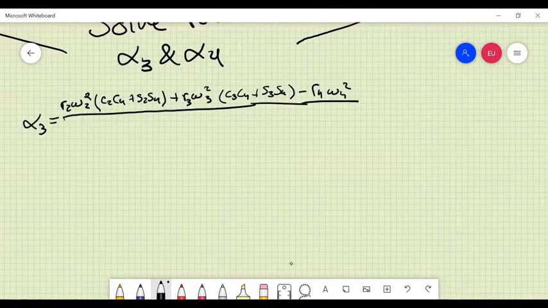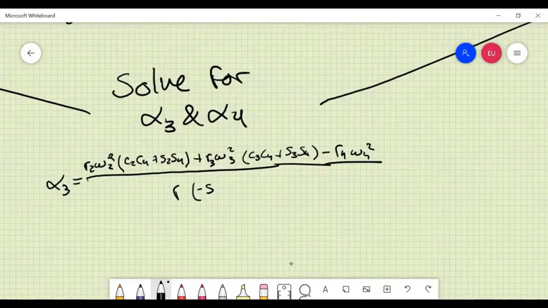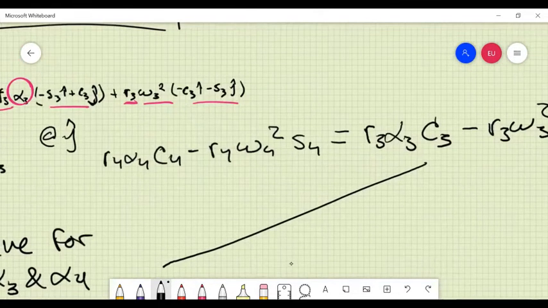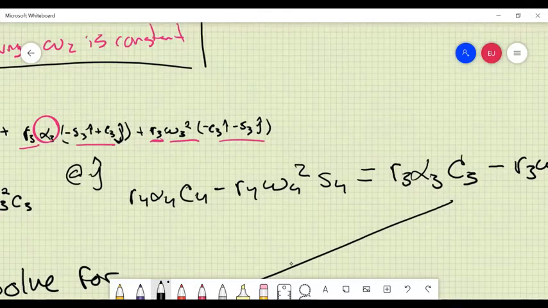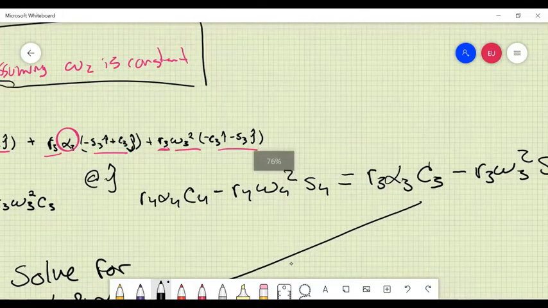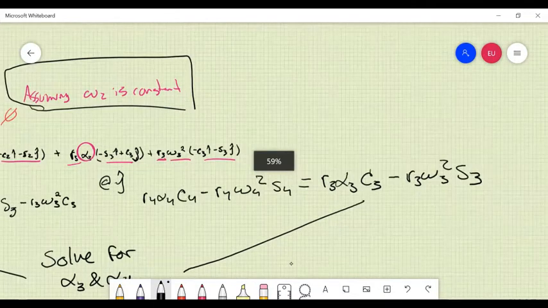Profe, una duda. ¿Por qué en la ecuación de para J no se puso el R2W2 para el seno? Which one? Para la de las J. Es que estabas asumiendo que es 0, porque la velocidad es constante.